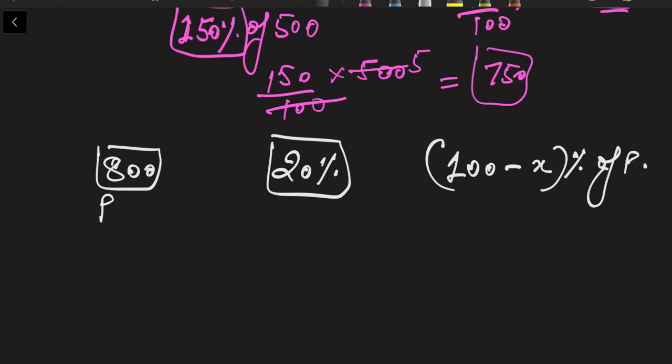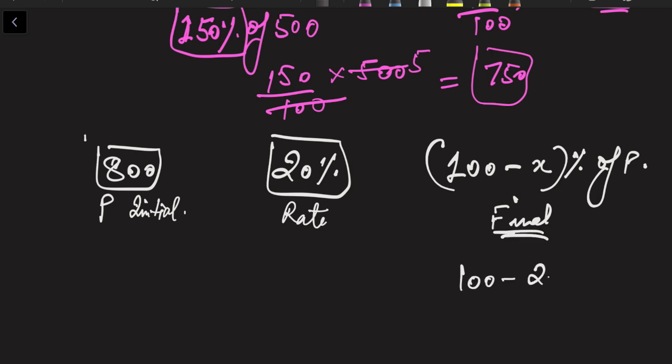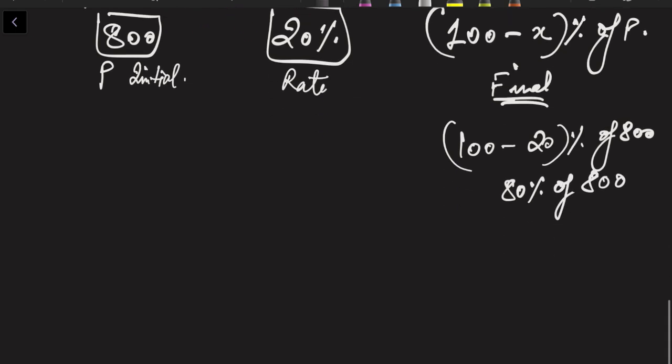This is our p, the initial value, this is the rate, and this is the final value. So 100 minus 20% of p, p means 800. So 80% of 800, so 80 by 100 into 800, it will cut on 8, so 640.